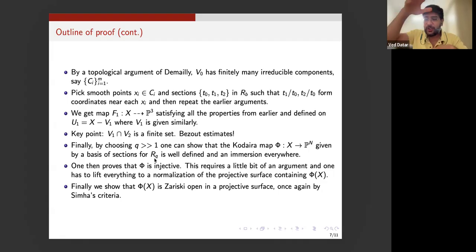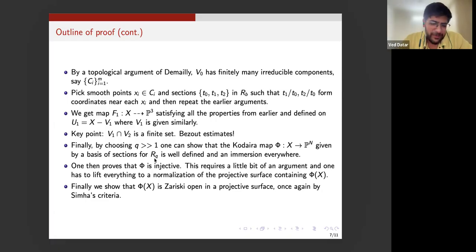For that, we need to know that once you lift everything to the normalization, these hyperplanes are again given by things involving sections from our spaces R_Q, so that one could again appeal to our Bezout estimates. So this requires a little lemma in algebraic geometry, for which we actually asked ChatGPT to give us a proof, and I think that seems standard, but we are not experts in algebraic geometry.